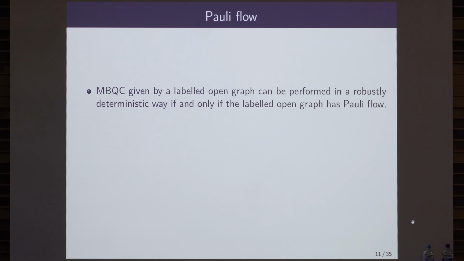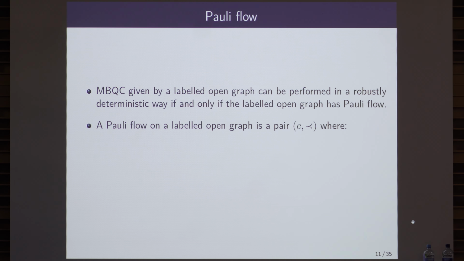So what is Pauli flow? Well, Pauli flow is the structure that precisely corresponds to robustly deterministic, or strong uniform stepwise deterministic, computation that can be performed on a labeled open graph.